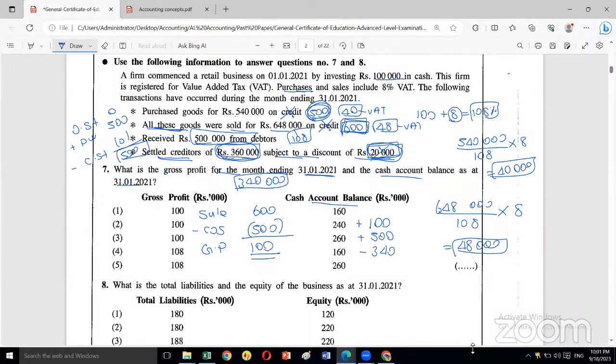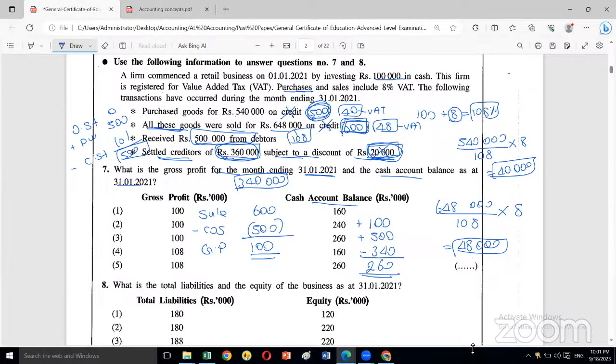Will the discount affect the cash balance? No. The discount won't affect the cash balance. Now see, if I total this: 100 plus 500 minus 340, how much is the answer I'm getting? 260,000, which is my cash balance.